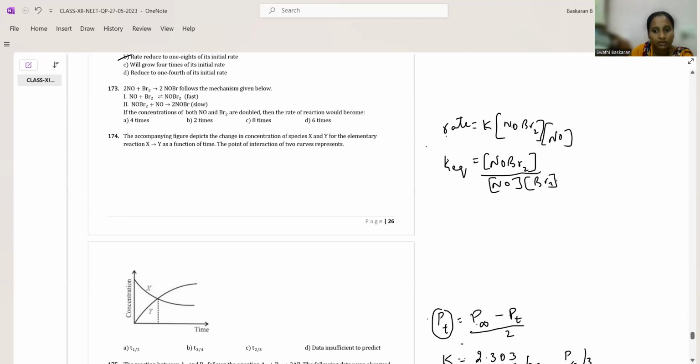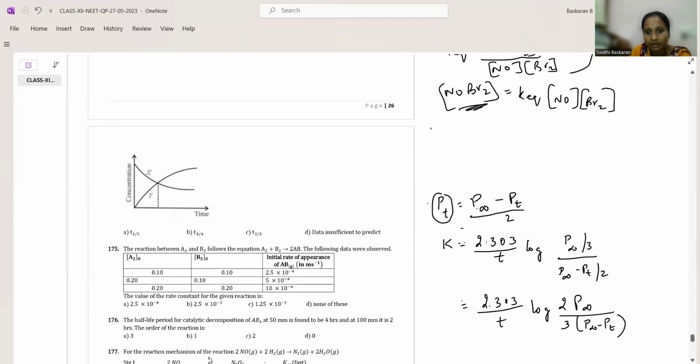Now if you want to replace the NOBr2 term in the rate law, you have to get the value of NOBr2. So you get it this way: K equilibrium times NO as well as Br2. Now substitute this value in the rate equation.